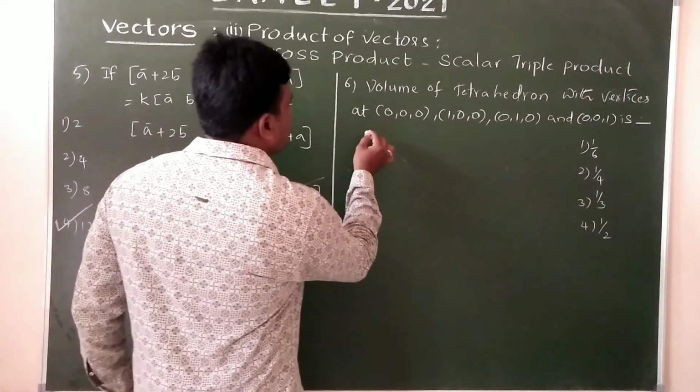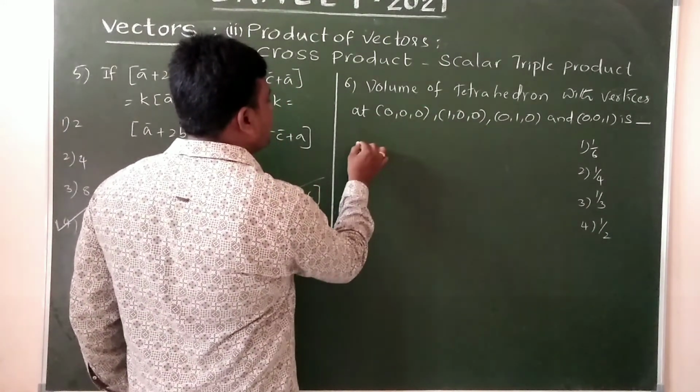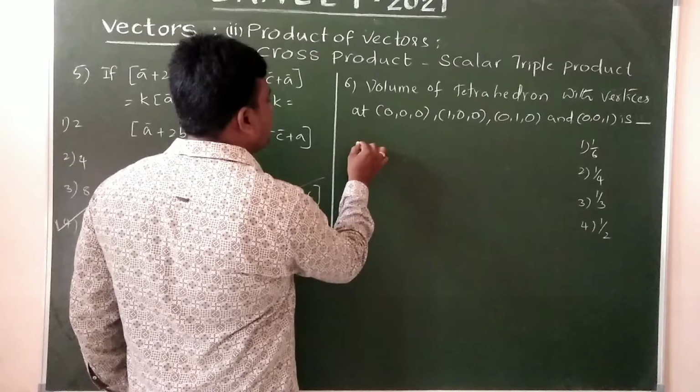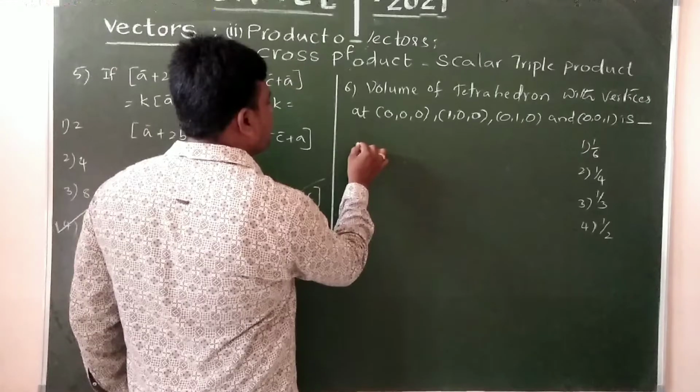Actually the volume of tetrahedron equals 1 by 6th of box of ABC when the 3 vectors are A, B, C, but here 4 points are given, so we can say it is OA, OB, OC and OD.